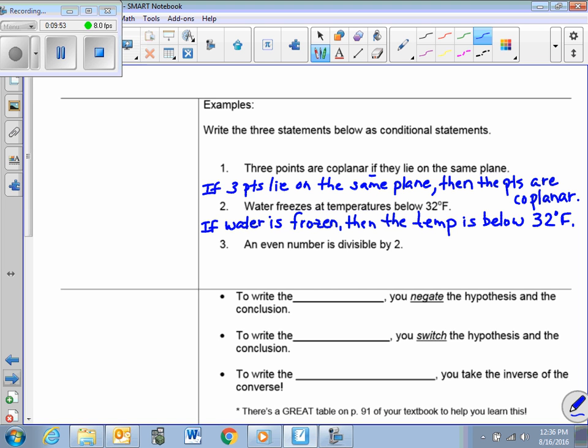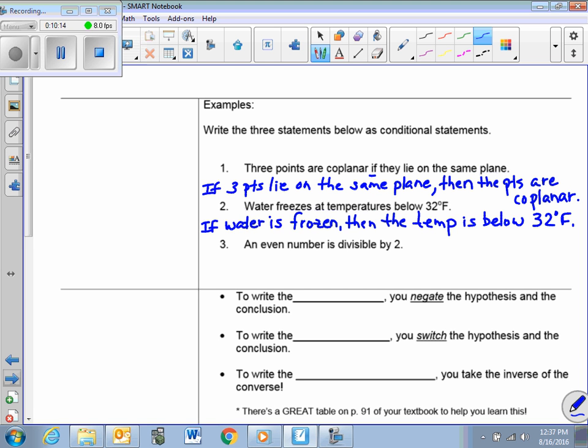Okay, could I have said if the temperature is below 32 degrees Fahrenheit, then the water is frozen? Yes, even though those two statements are converses of one another, in that case, they would both be true. So it doesn't really matter which I make my hypothesis and which I make my conclusion. Sometimes it does, though. So you have to be careful.